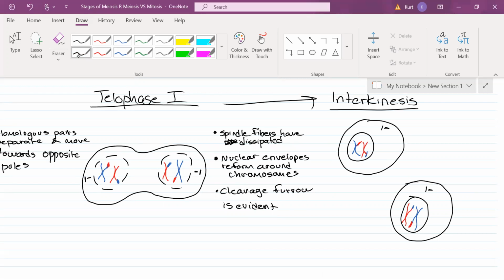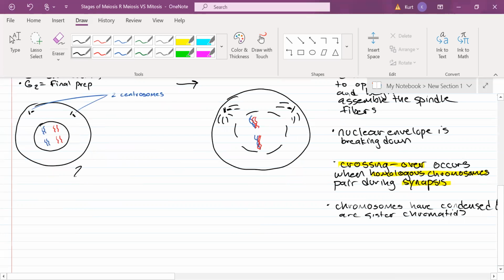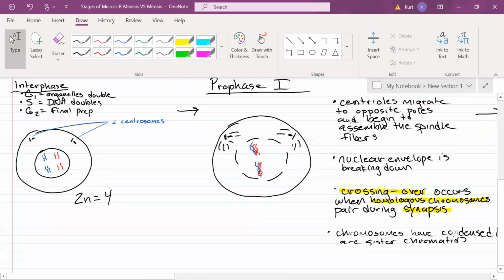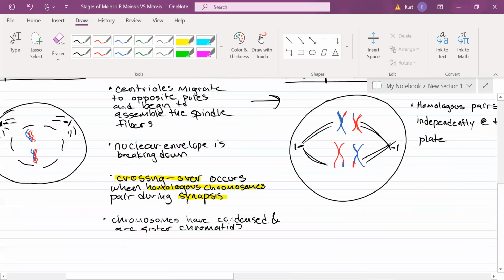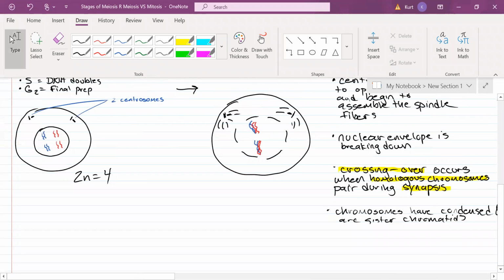Okay. Now, it's important to remember that this daughter cell is haploid. So its haploid number is 2, and this one is haploid. When we started, over here, it was diploid, and it was at 4 chromosomes. But now we're already at haploid. If you guys just compare, you had 1, 2, 3, 4 chromosomes. If you rewind the video, you'll see that we had 1, 2, 3, 4.